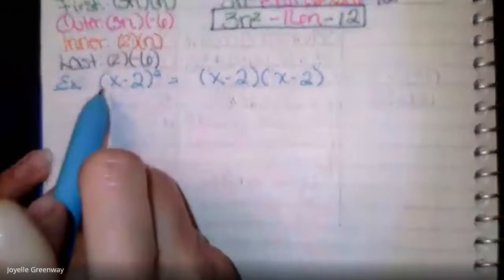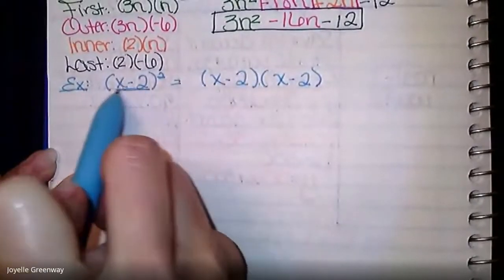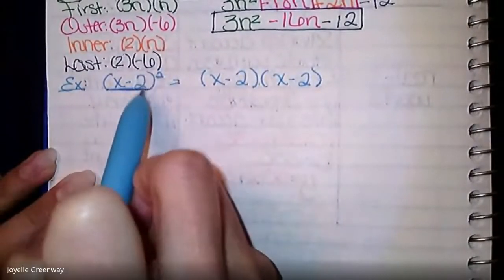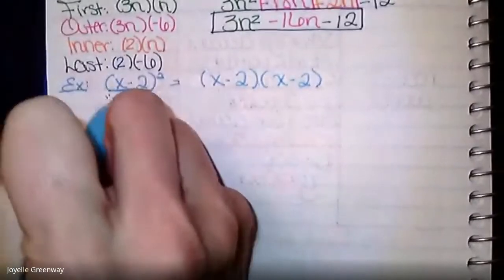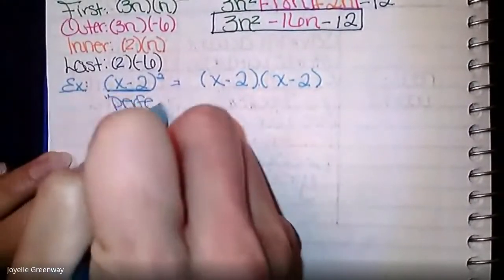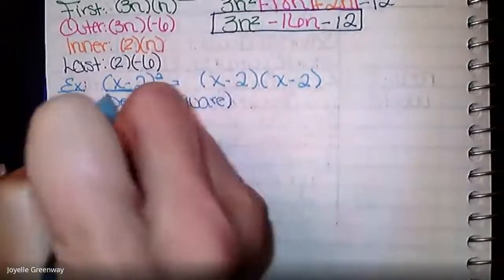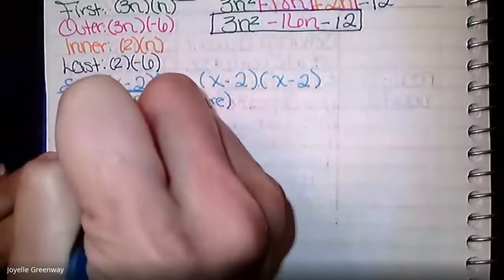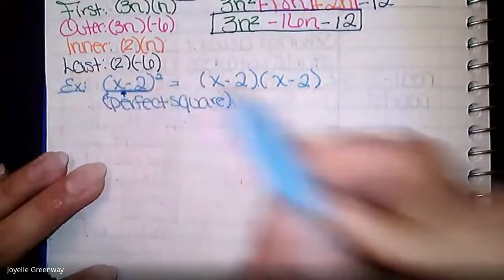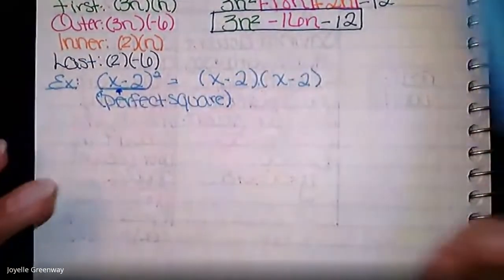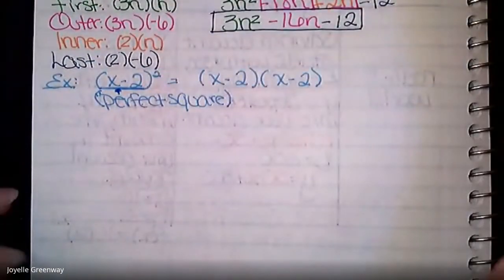So when you have something like this, x minus 2 squared, this is called a perfect square. Okay, so that's what this is called, because you have two of them. So it's called the perfect square.